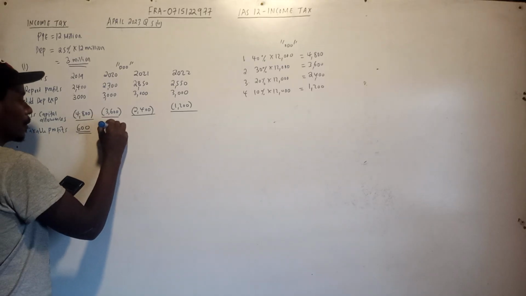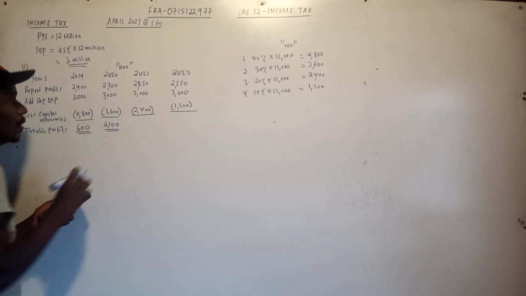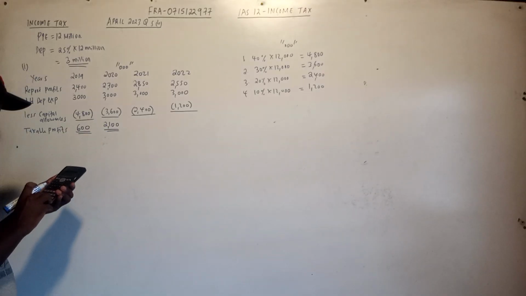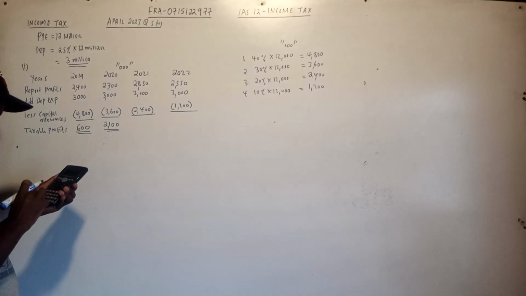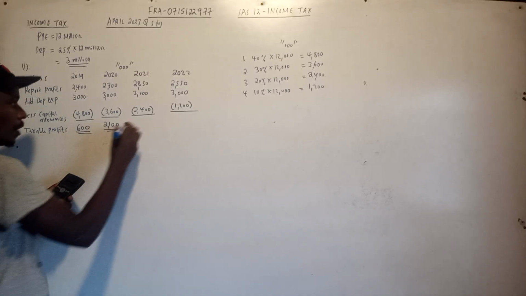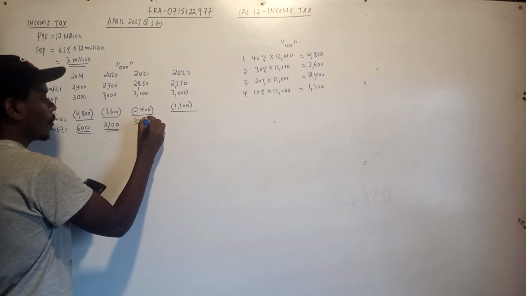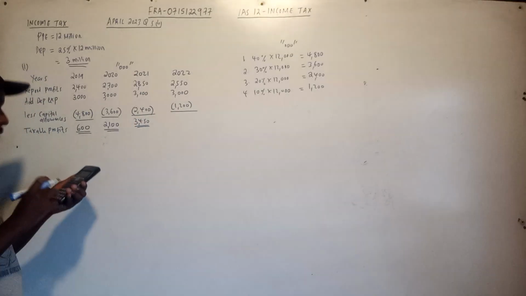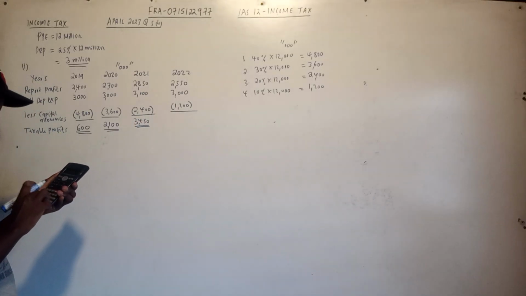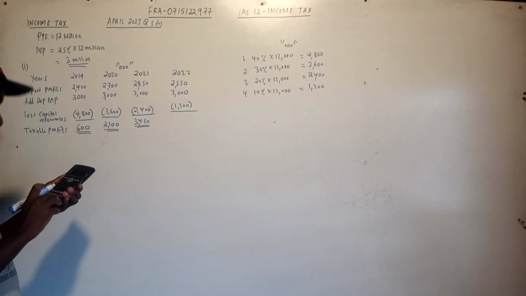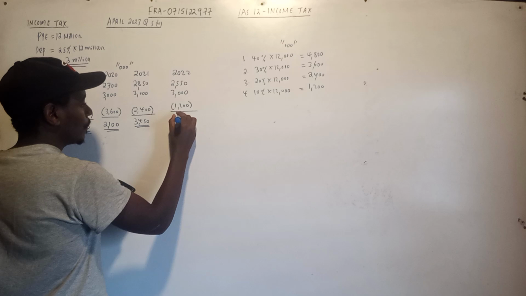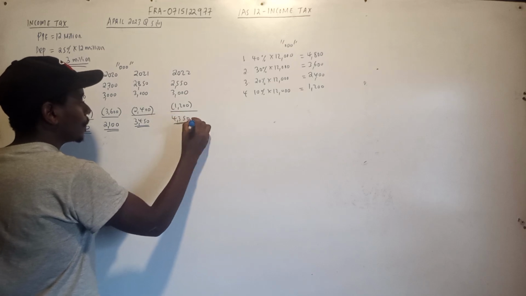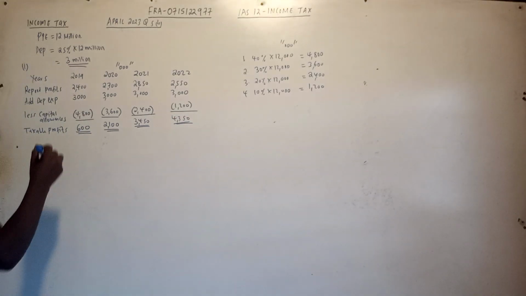That is 2,100. 2,850 plus 3,000 minus 2,400. 3,450. Then you have 2,550 plus 3,000 minus 1,200. That is 4,350.